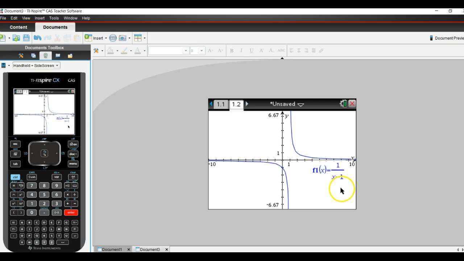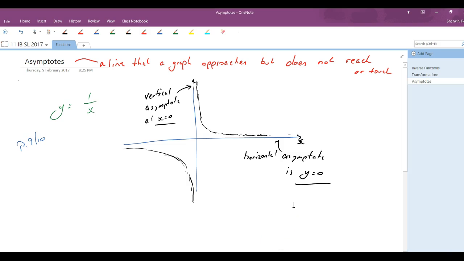So in this case, when x is equal to 1, I'm trying to put a point down here on my graph, but I can't because I'm trying to divide 1 by 0, and I can't do that. So same for 1 over x. When x equals 0, I don't have an answer, so I can't plot the point.